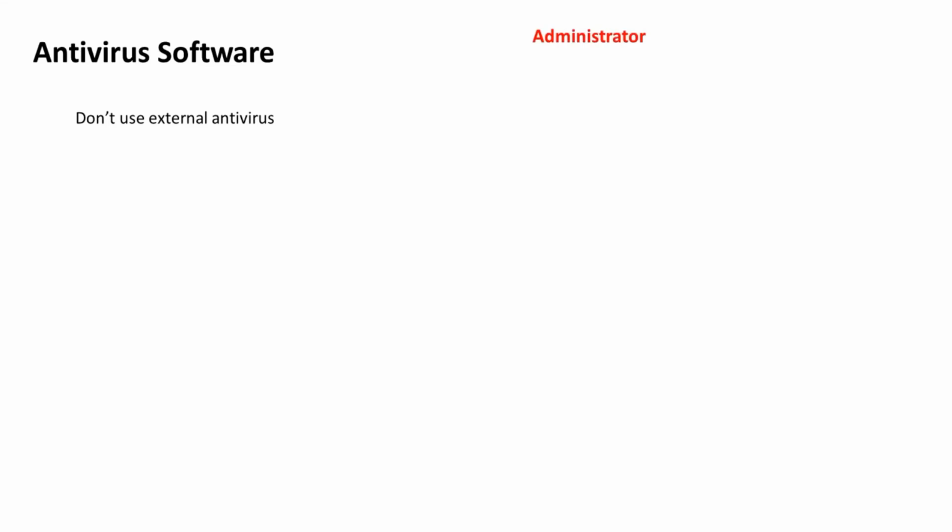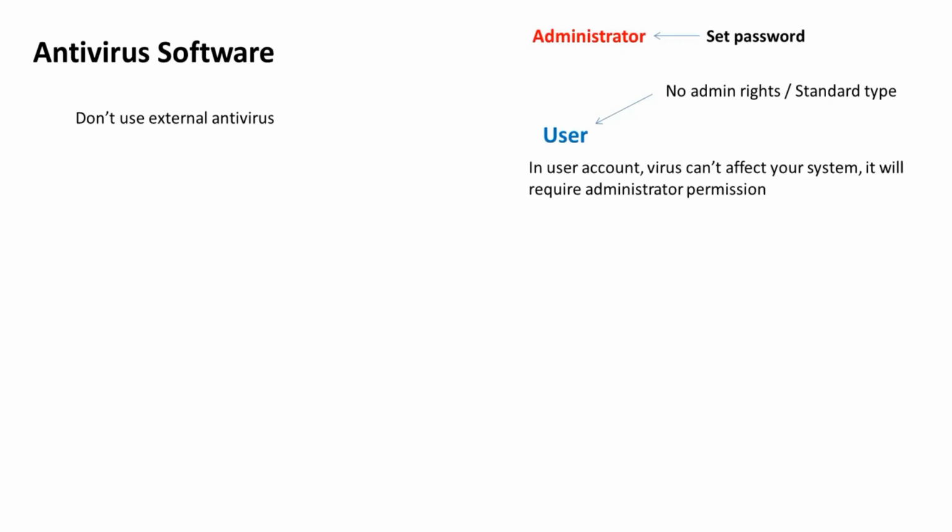Just make two accounts, one administrator and one user. Set a password on the administrator, and the user has no admin rights, just standard type. In the user account, a virus can't affect your system. It will require administrator permission. Simply use the user account, never use the administrator account. Okay, so that's how you can secure your system without antivirus.